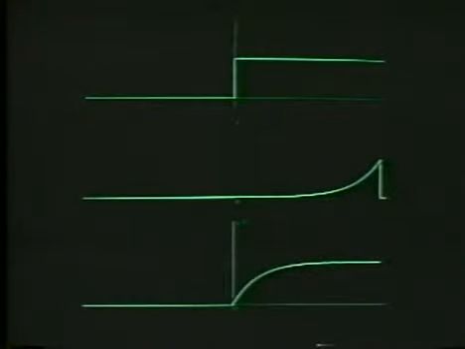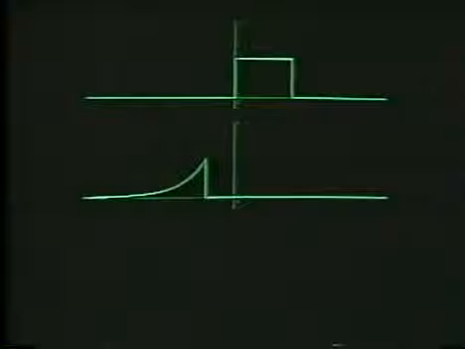Now let's carry out the convolution with an input which is a rectangular pulse. Again, an impulse response which is an exponential. And so to form the convolution, we want x of tau with h of t minus tau. H of t minus tau shown here for t negative. And again, to form the convolution, we take the integral of the product of these two, which again will be 0 for t less than 0.